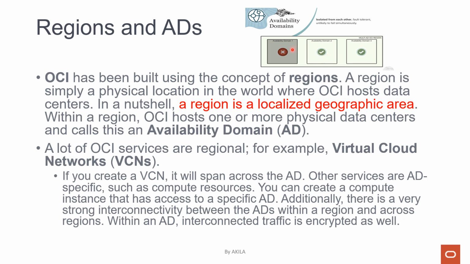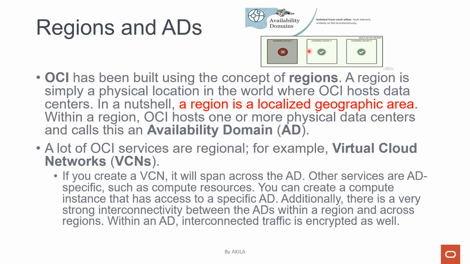For that purpose, different geographic areas will have various availability domains. So OCI hosts one or more physical data centers, which are called availability domains here.